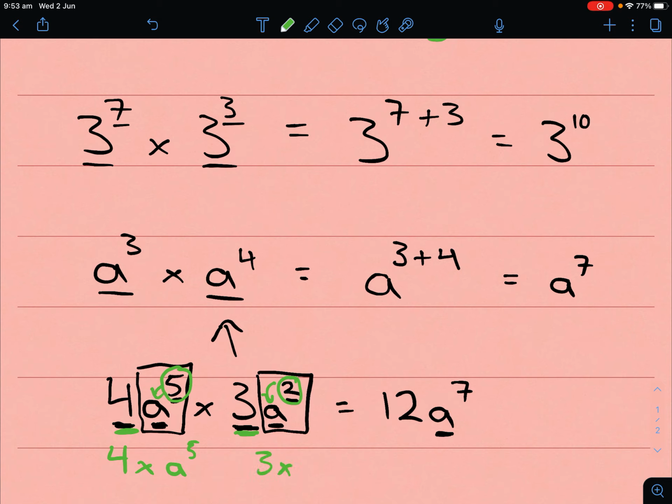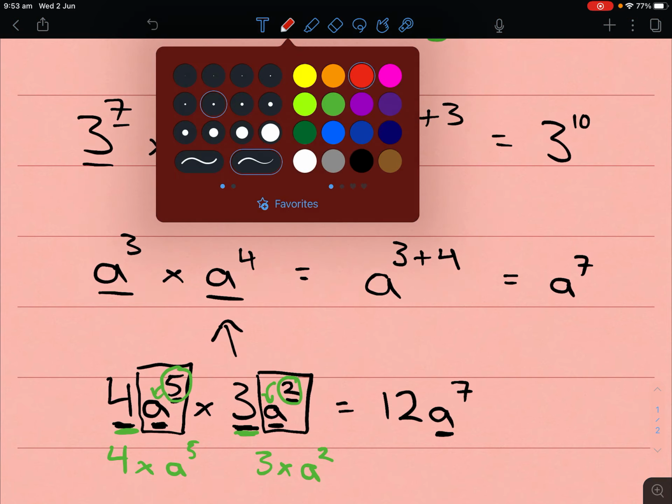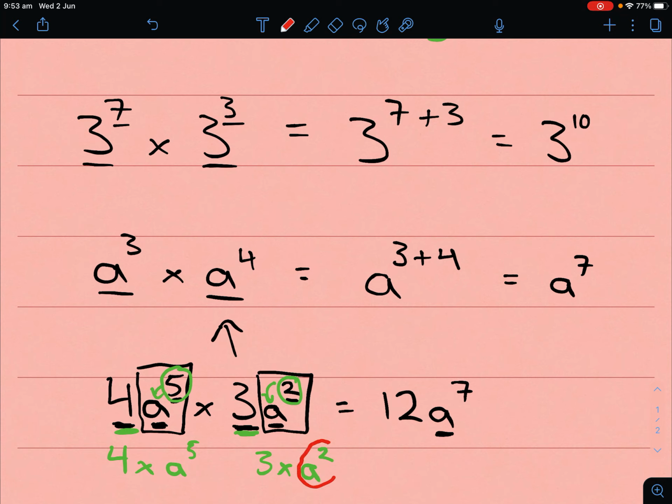And this is 3 times a squared. So our power number, our index number, is only attached to that direct letter. It's not actually attached to the number out the front. And that's why we can go 4 times 3 equals 12, and then we treat the a component like we have been doing in the previous questions.